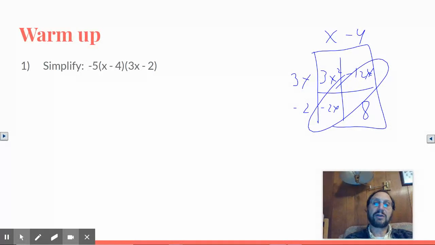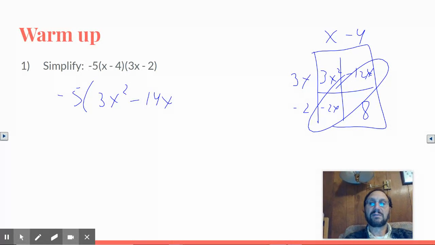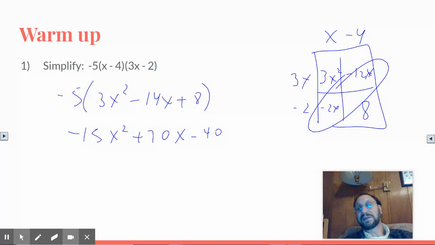These are like terms along here. So what we have is 3x squared minus 14x plus 8. Lastly, we multiply by -5, so we get -15x squared plus 70x minus 40. And that's how it's done.